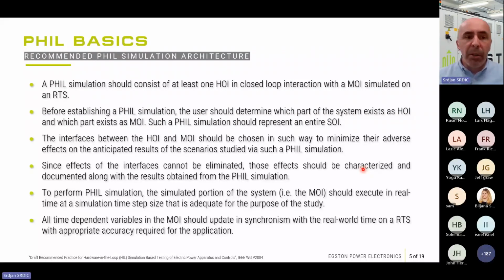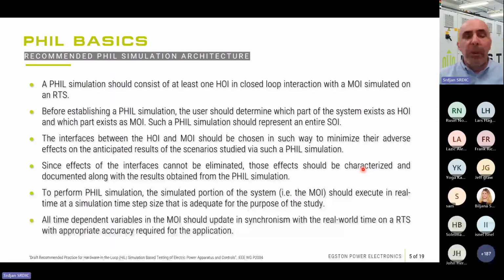And then, as I already mentioned, the interfaces between the hardware emitters and model emitters need to be chosen in a very careful way, and their effects on the entire simulation should be minimized as much as possible. Also, of course, those effects need to be characterized so that we know where exactly we can expect some difficulties during the simulation. It's very important to be able to execute your model of interest in real time, for which we typically use real-time simulators.